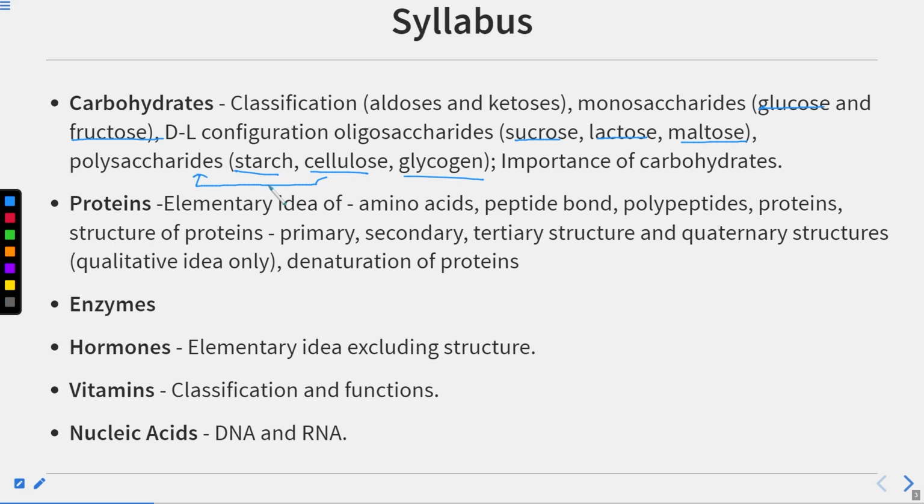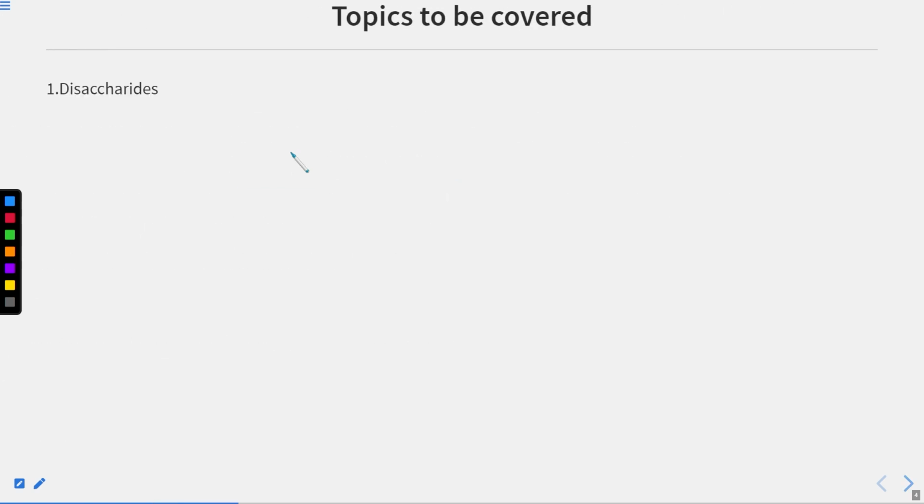Got it? So let us start today's class. In the detailed topics, first we will see what is disaccharide, then what is sucrose, what is maltose, what is lactose, then what is polysaccharides. Polysaccharide is used for the carbohydrate which contains multiple monosaccharide units.